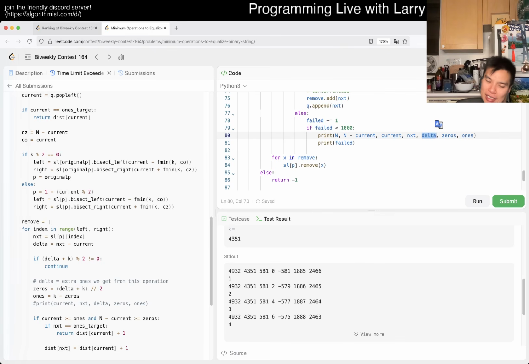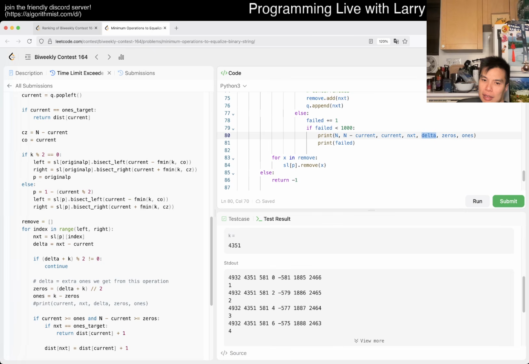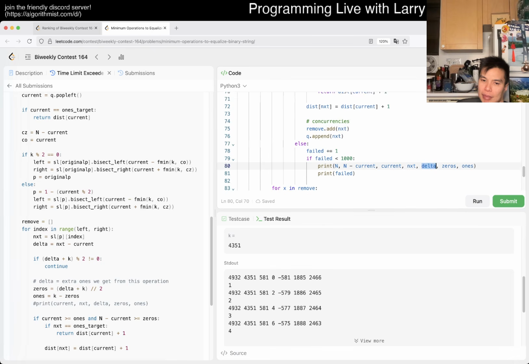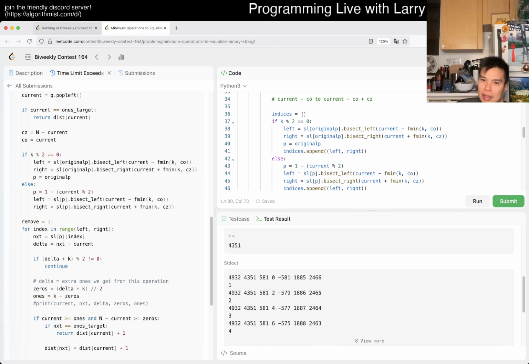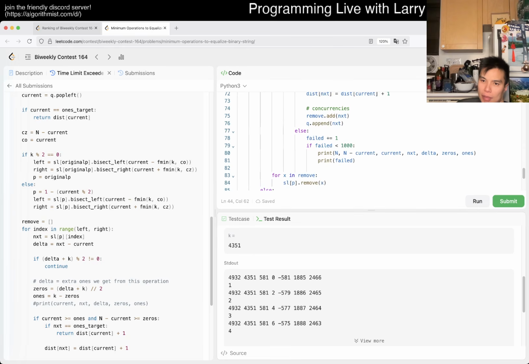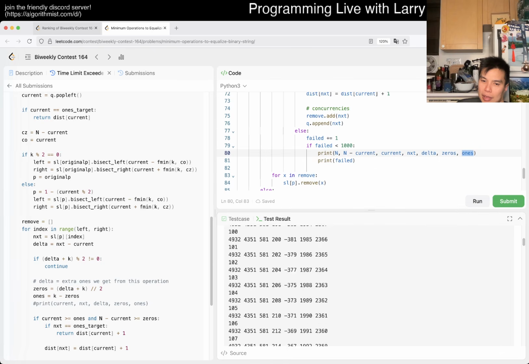Okay, so we think that's the minimum delta, but that's because at 581, where is this? I think it just can't go under 0, right? So it tries to remove all of them. It fails because we don't have enough ones, which is true.